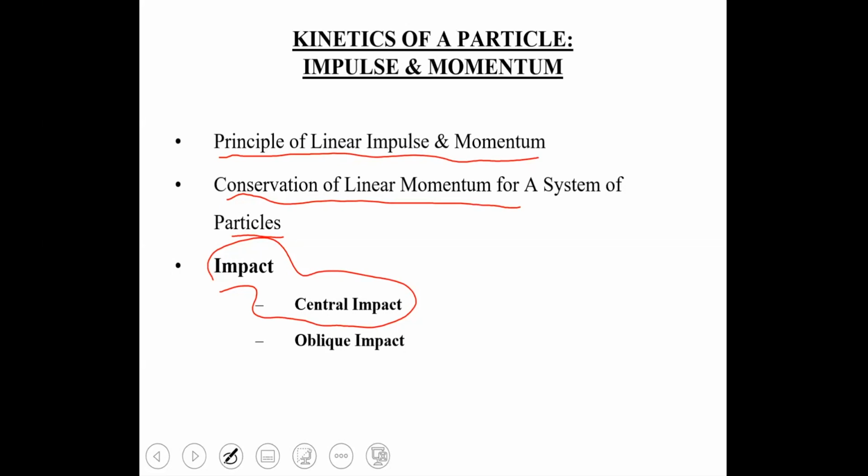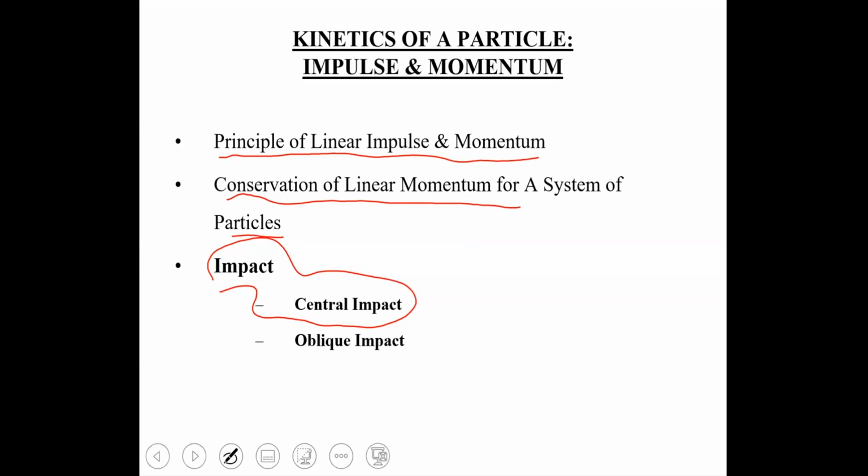So in whatever direction there is no external impulsive force, you can apply conservation of momentum along that axis. This principle states that the initial momentum of the system should be equal to the final momentum of the system, provided that there is no external impulsive force acting on the system along that axis during that interaction.